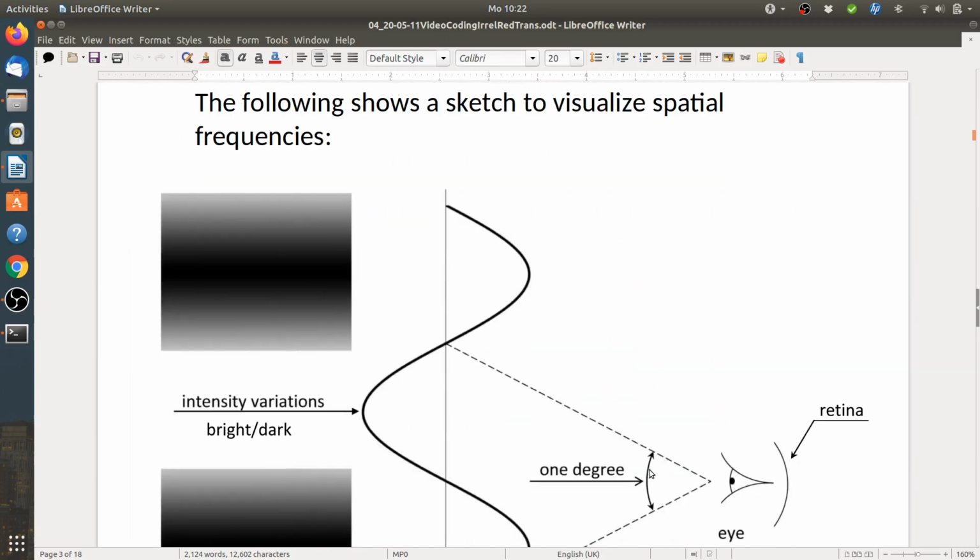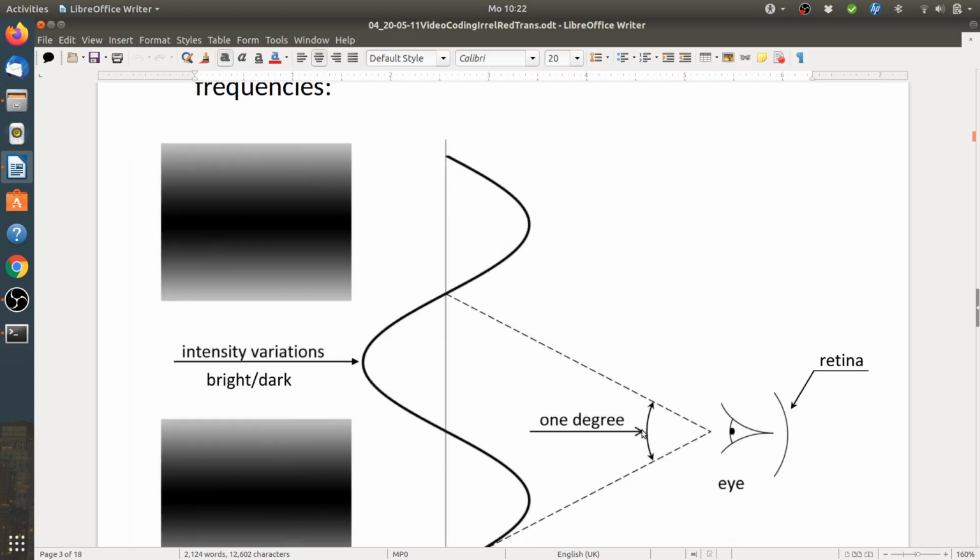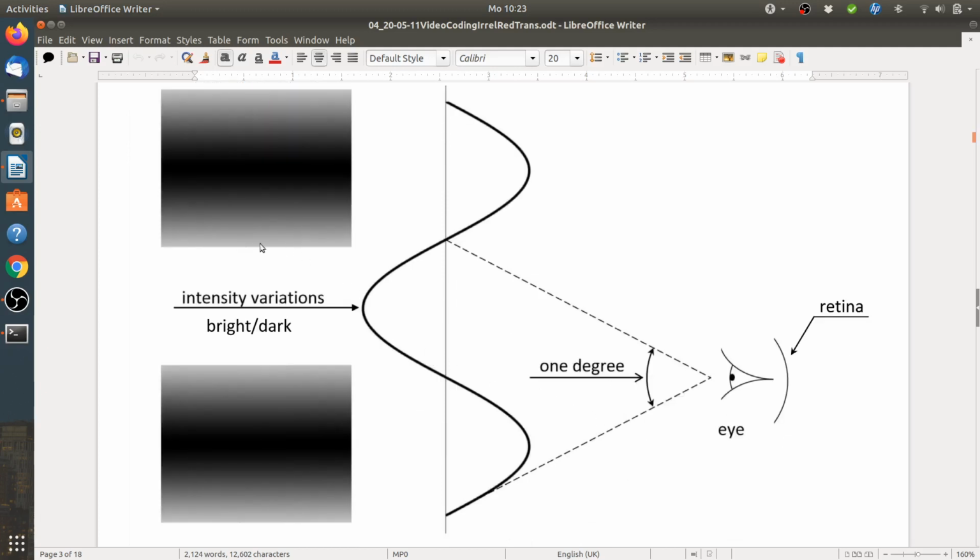So this can also be seen in this diagram. Here we have dark, bright changes. In the middle we have a white line, and towards the sides we get dark lines. So here we have bright and then dark. This would be one cycle.